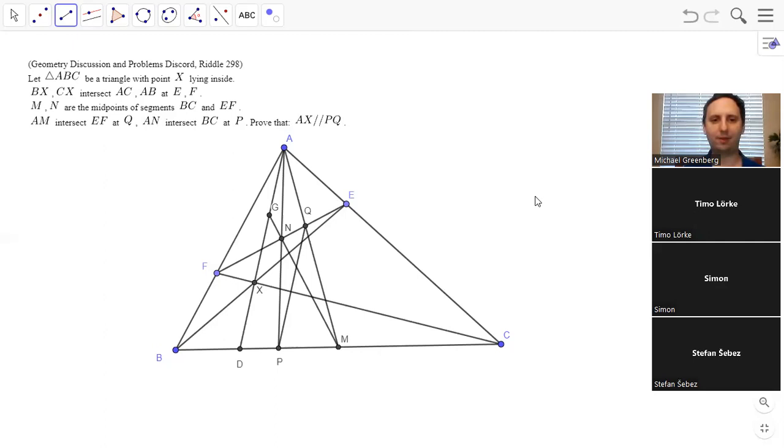You have a Gauss line there. So AQ over AM, maybe we could try to show it's DP over PM.